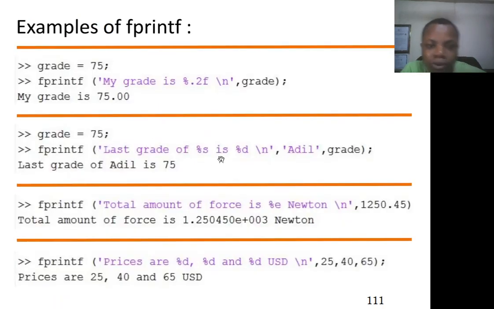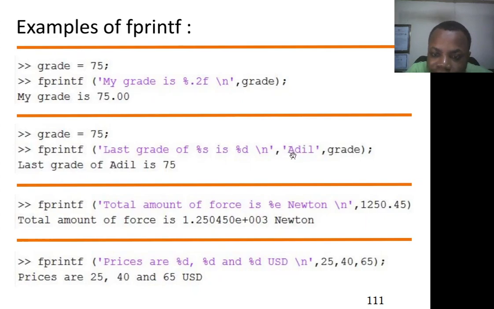It's more or less like the first one will correspond to the first output that we define here. So the first one will come out as a string, and the second one, which is the %d, will take the second input, which is the grade.